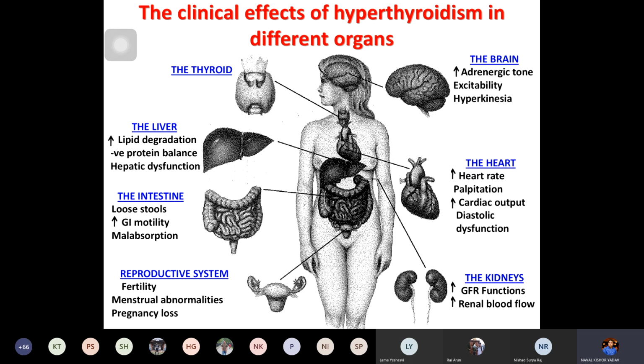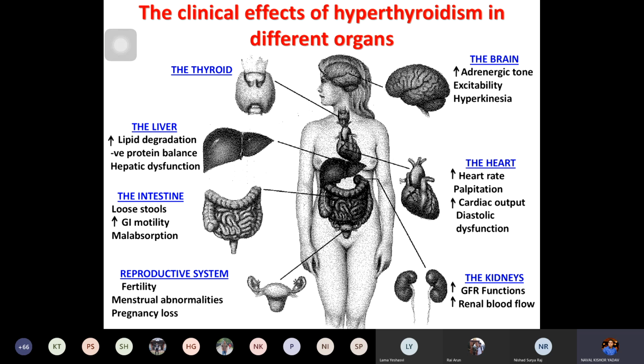Even though other people might not feel the cold, the patient with decreased thyroid function will feel more cold. So that is the typical sign and symptom of hypothyroidism: sensitivity to the cold and weight gain.